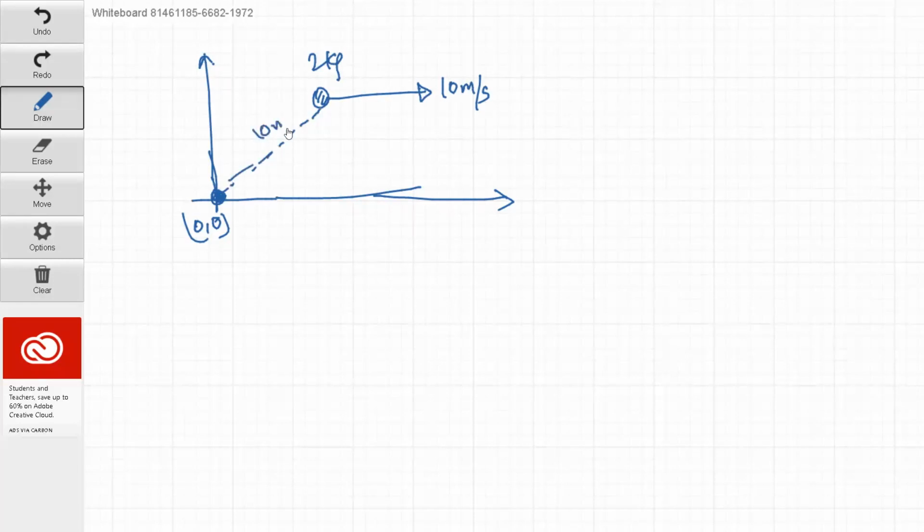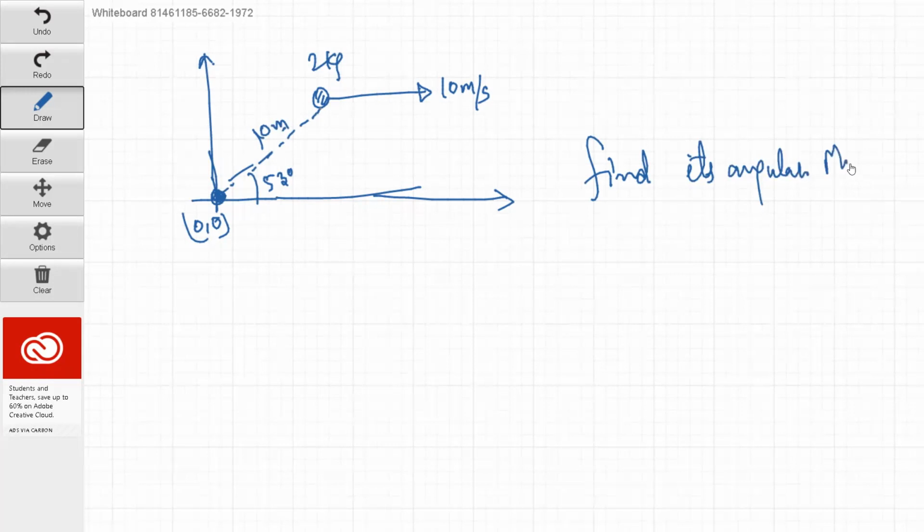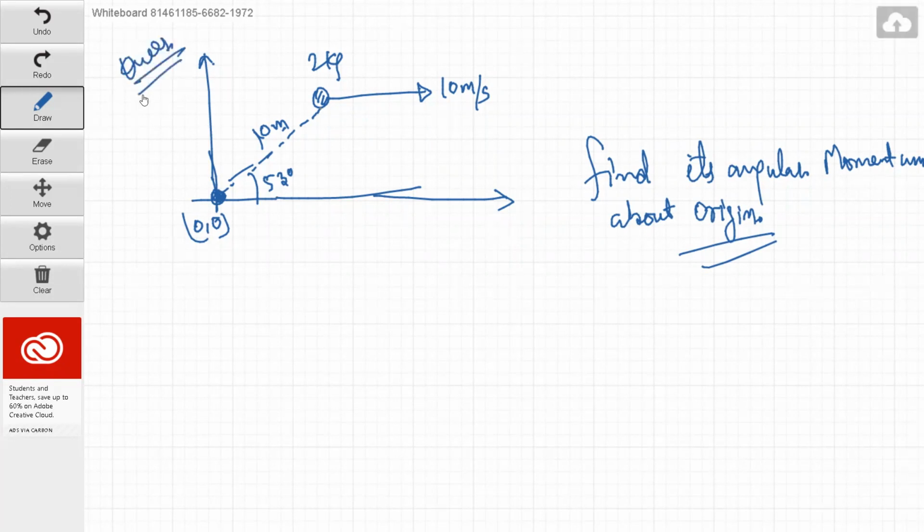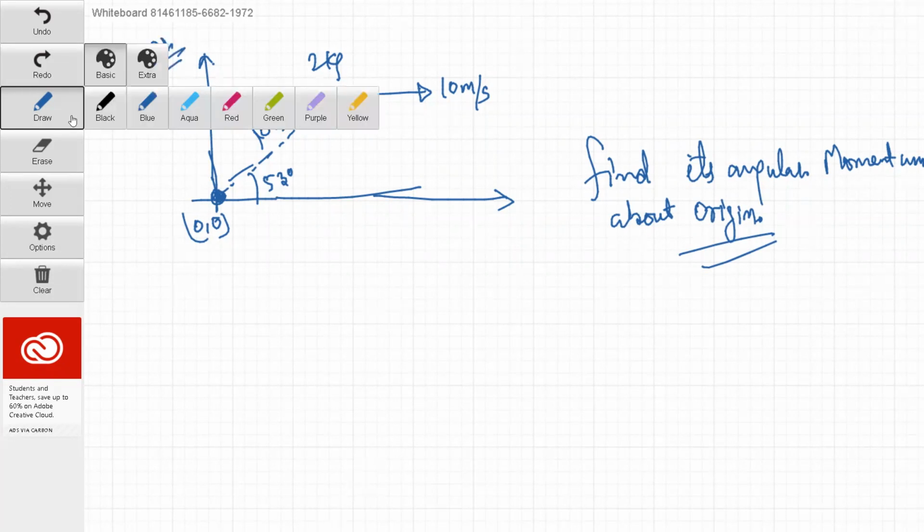This length is 10 meter and this angle is 53 degree. Find its angular momentum about the origin. Do it fast. This is the longest chapter of class 11th. Longest and toughest as well. Do it.